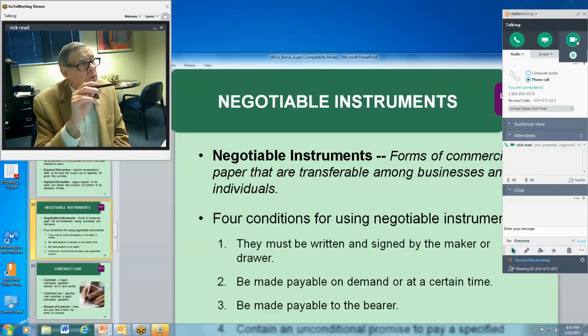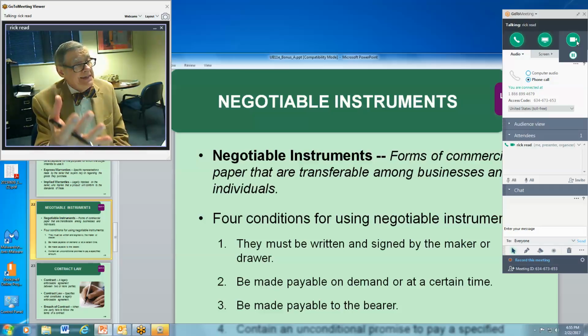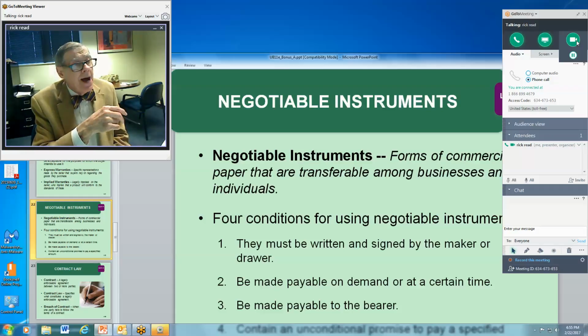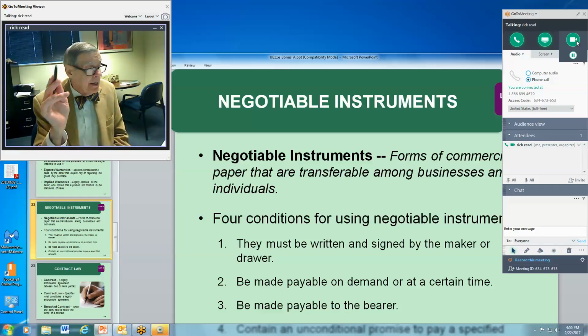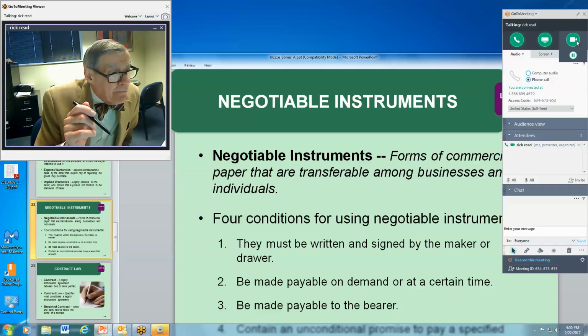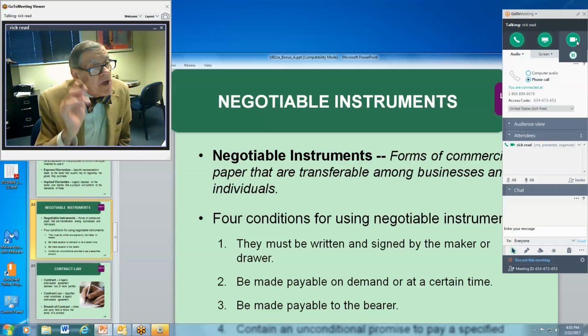Made payable to the person or persons or entity, if you will, who holds the negotiable instrument, to the bearer. I have it. Okay. And contain an unconditional promise to pay a specified amount. Unconditional.